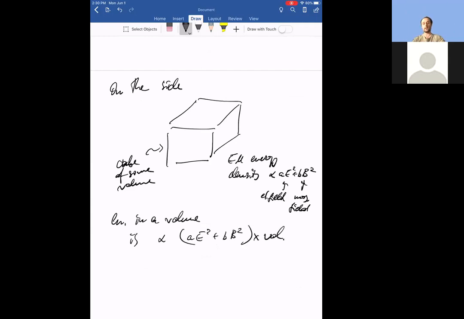So in a finite volume of space, there's a finite energy stored in fields. Energy is stored in fields. For example, if you have a capacitor with a uniform field between the plates, when you charge the capacitor you store potential energy. Where's that energy stored? It's stored in the electric field between the plates of the capacitor.